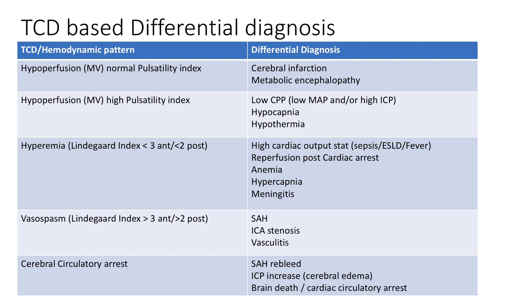So hypoperfusion with a normal pulsatility index, that's really more where I worry about cerebral infarction. Hypoperfusion with a high pulsatility index is really a low circulatory state, hypocapnia, hypothermia, and a low cerebral perfusion pressure. Hyperemia suggests high cardiac output states, but a reperfusion injury comes to mind, as after cardiac arrest, or anemia, meningitis.